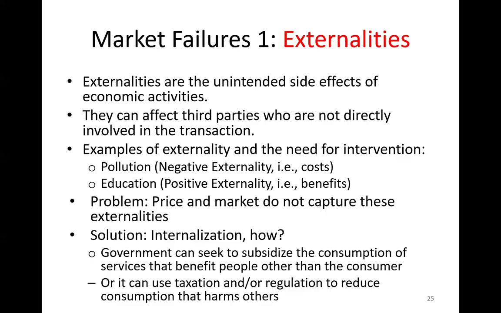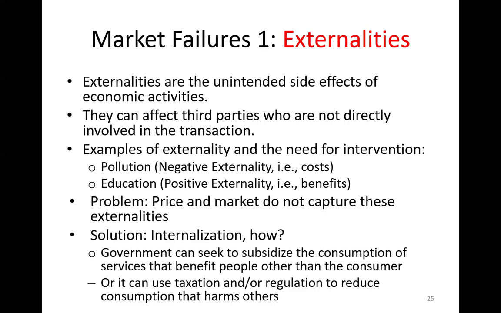An important reason for government intervention is externalities, which are the positive or negative effects of economic activities on unrelated third parties. Let's talk about examples of externalities.